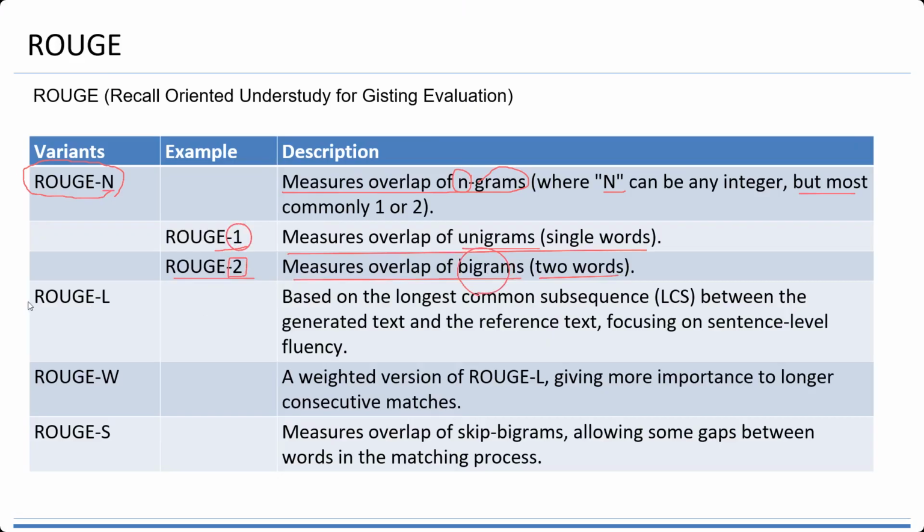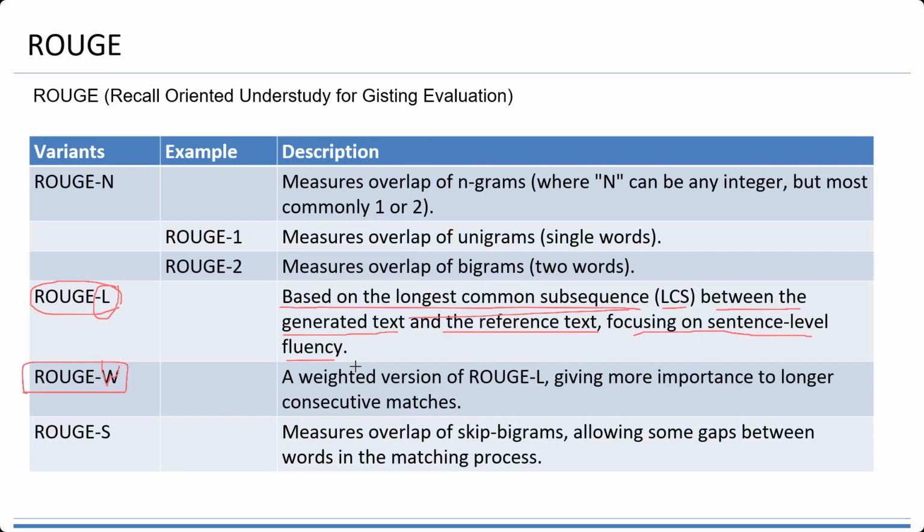There is also another variant, we call it ROUGE-L. L means the longest common subsequence, or LCS. The LCS between the generated text and the reference text focuses on the sentence-level fluency. So if the sentence is too long, of course, we need to find what is the longest common subsequence. There is another kind of measure, we call it ROUGE-W.